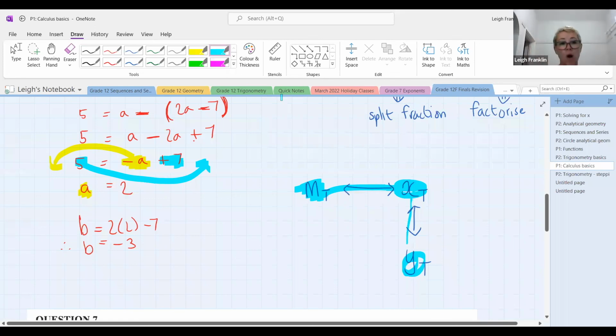If they give you y, you have to work backwards to the x coordinate and then get the gradient. So you have to have a strategy for answering these questions. This is the sort of stuff you need to know so that you know what to do with the information you've been given.